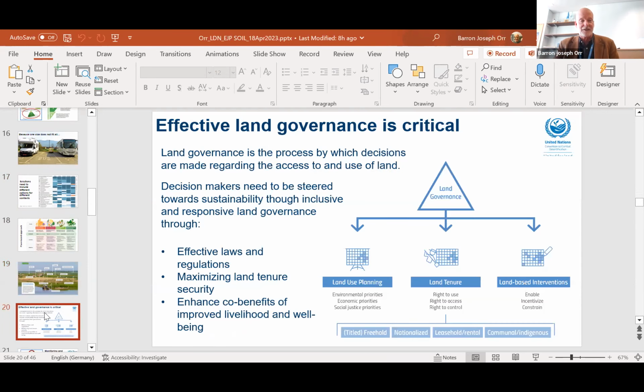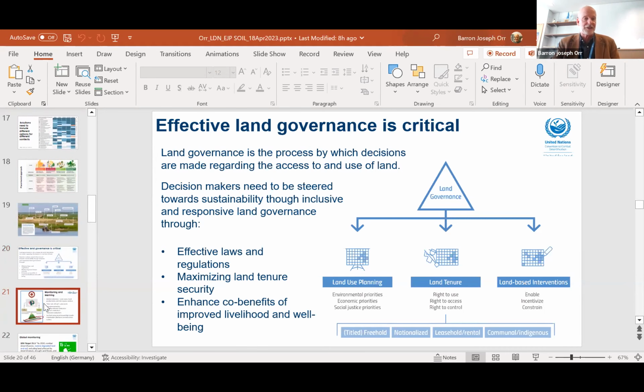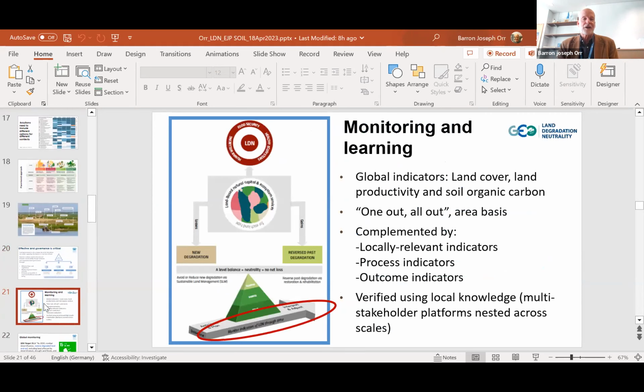Governance is key. If we don't have clear, effective, and responsible governance, safeguarded land tenure, integrated land use planning that's transparent, that's the link between the policies and the actions on the ground, et cetera, we will not succeed in this process. We also have to recognize that for land degradation neutrality, monitoring is about learning.